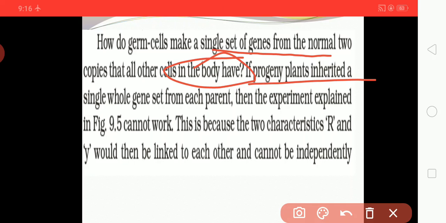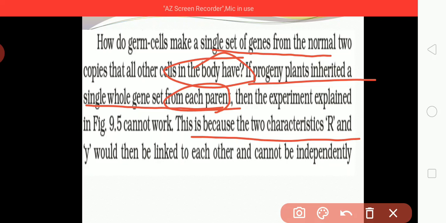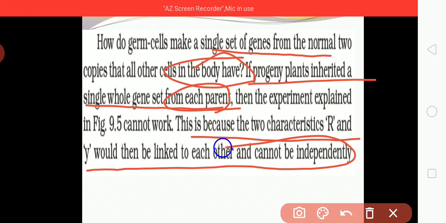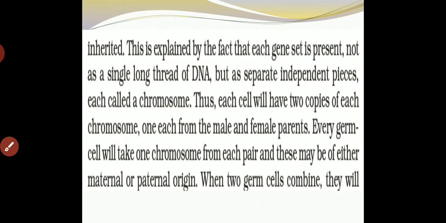If the progeny plant inherits a single whole gene set from each parent, then the experiment explained cannot work. This is because the two characteristics, R and small y, will then be linked to each other and cannot be inherited independently.